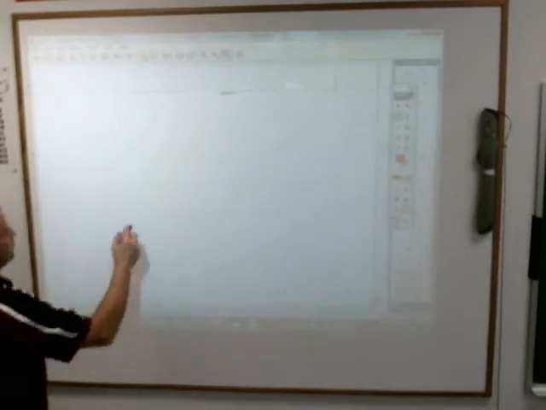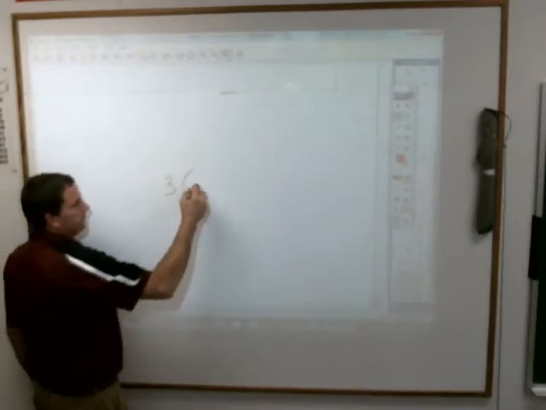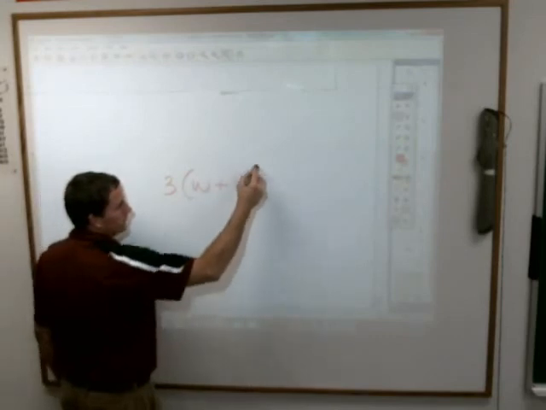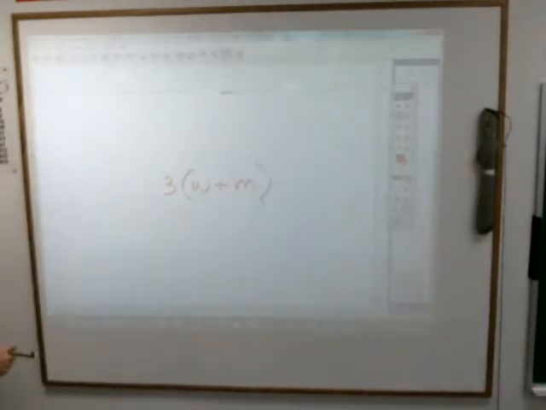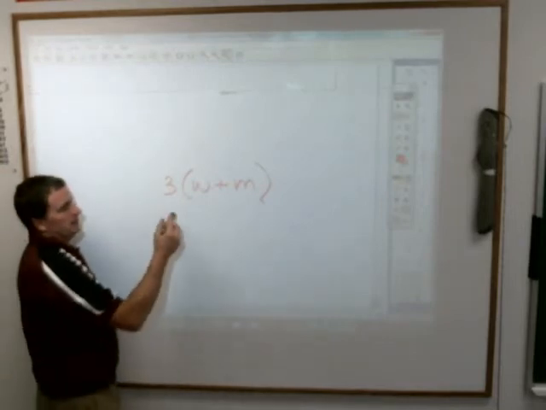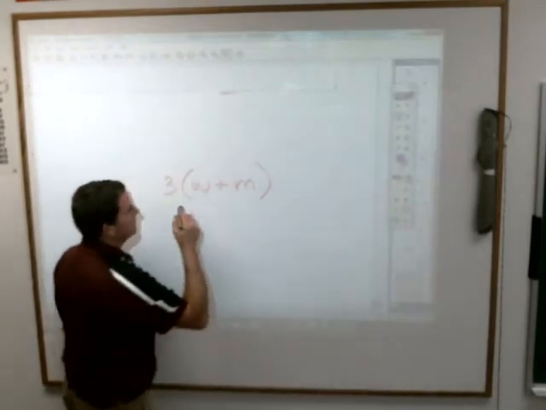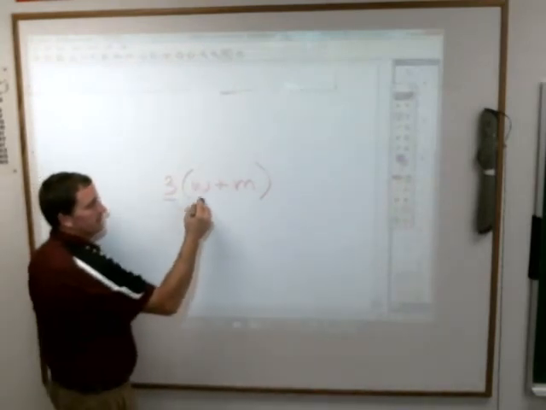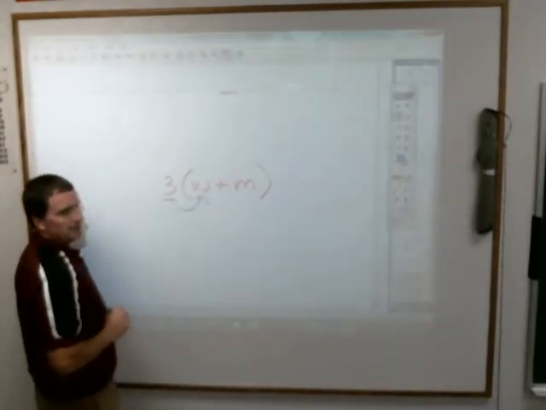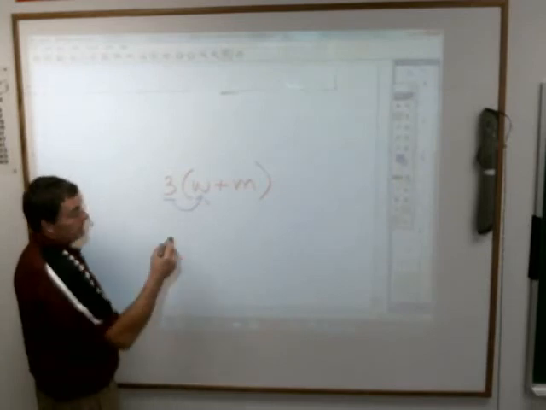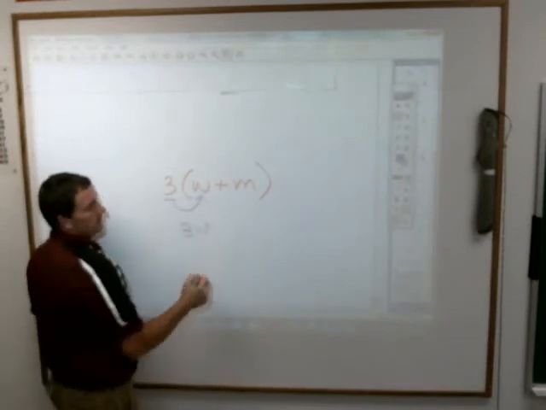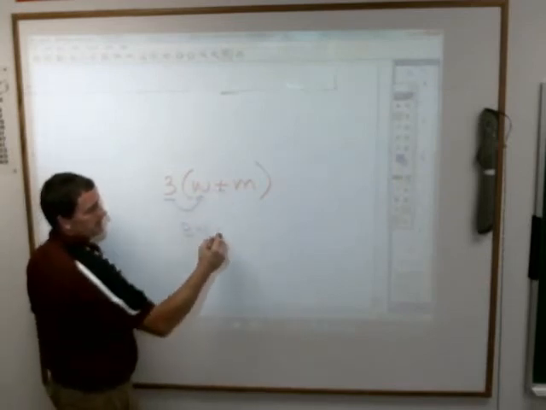Or how about this? Right out of the book. 3 times w plus m. If I use the distributive property there to get rid of the parentheses, what do I end up with? I take this 3 on the outside and multiply it by the first w. What is 3 times w, anybody? 3w. And whatever this sign is, that's the sign that I bring down.